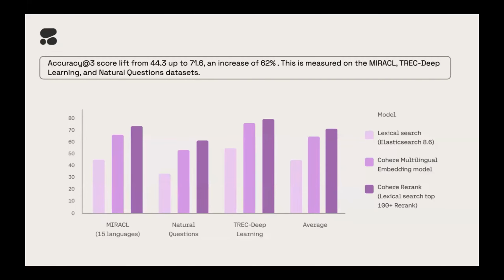Whether you're starting out with a lexical search like Elastic, or using top of the line embeddings models, adding a re-ranker step is a natural way to improve these systems. And this is especially important for retrieval-augmented generation, where if the relevant document is not in the results that you pass to the generation step, your RAG system will not function as you like.